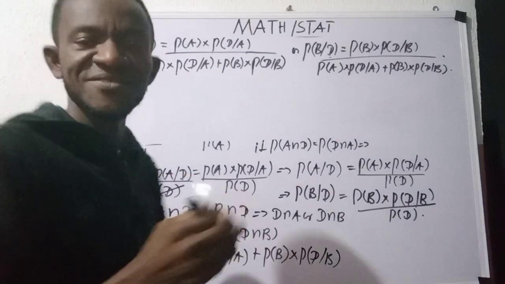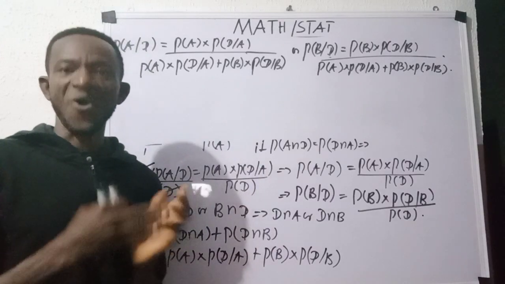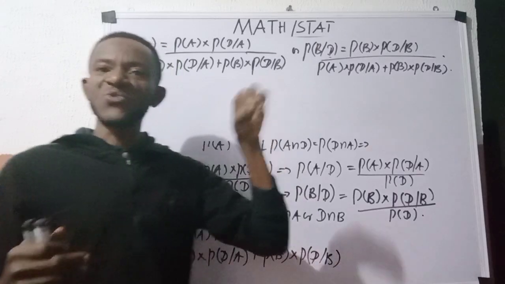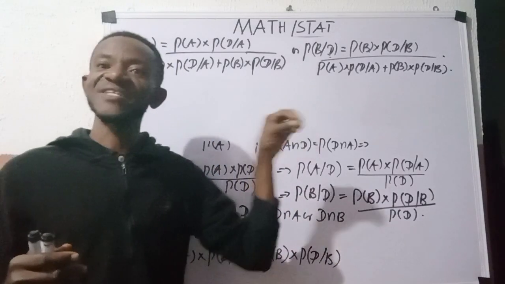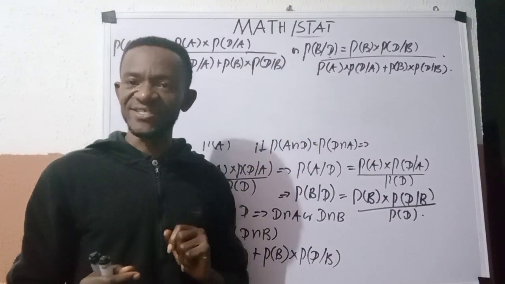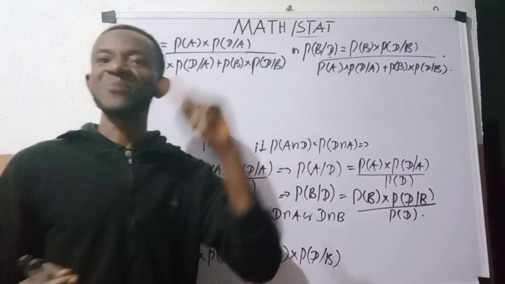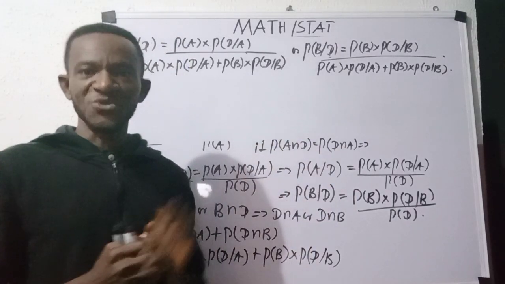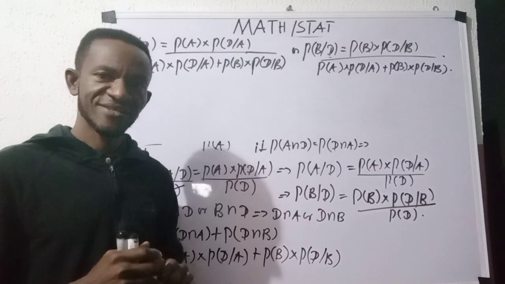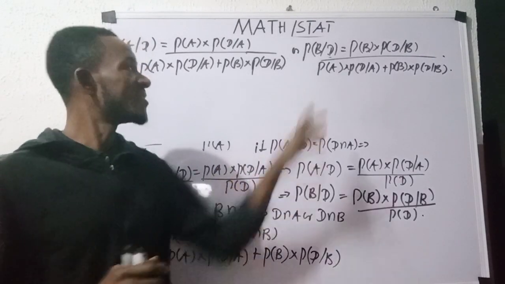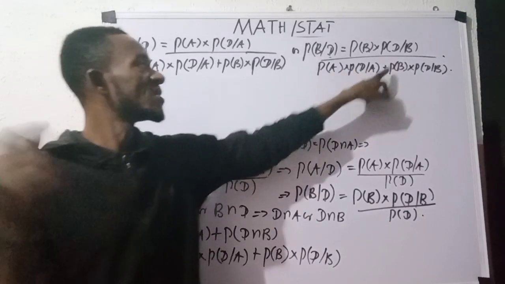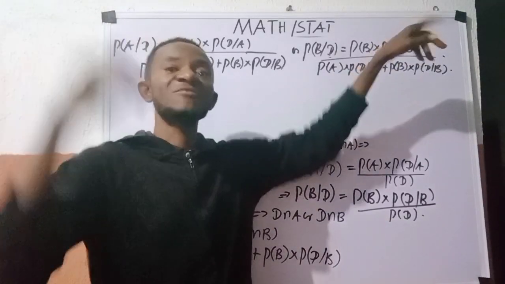This is Bayes' formula or rule for a situation whereby we have two events on the sample space, events A and B, with another event that is superimposed on it, D. So when we go into deriving the formula for n events, where we have A1, A2, A3, this A is going to range as A1 expressed to this plus A2 expressed to this plus A3 expressed to this, and the rest of that.